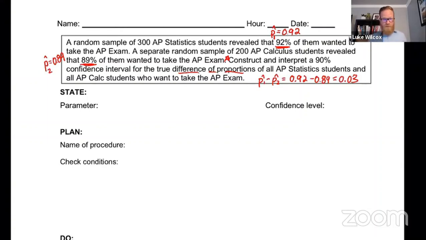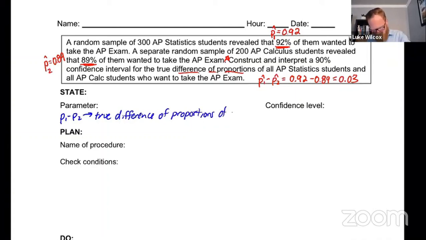Now, the parameter for the population that we're trying to estimate is the true difference in proportions. So this is going to be P1 minus P2, which I'm going to define as the true difference of proportions of all AP Stats and AP Calc students who want to take the AP exam.